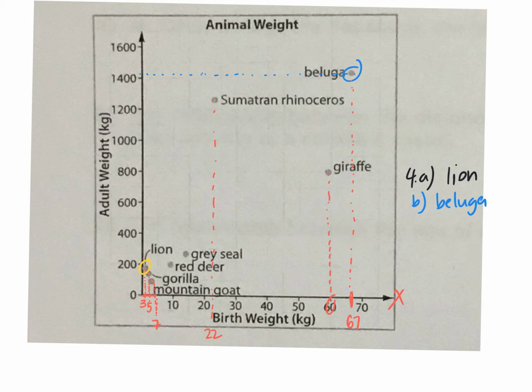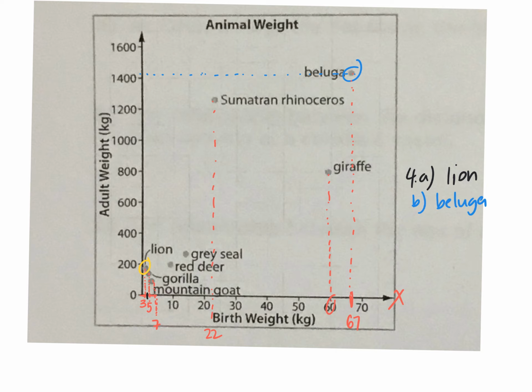So we know that there's a trend happening here, right? If I were to tell you the average weight of a human baby at birth is 3.4 kilograms, that would be between the lion and the gorilla.